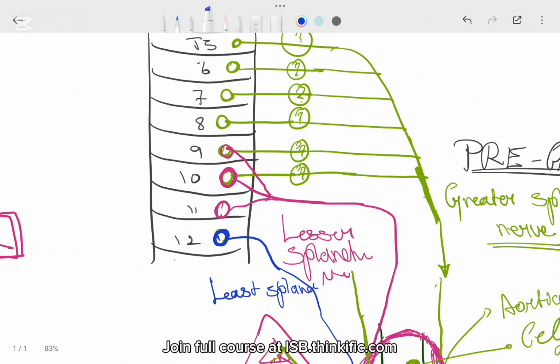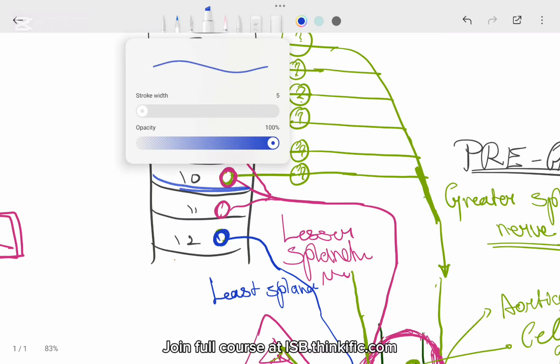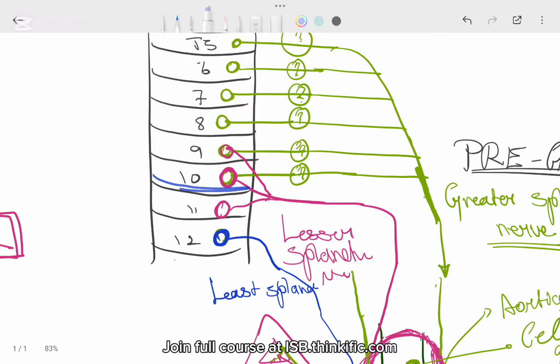When you focus, that's common in exam, when you focus on T10 level, which is the main root for the lesser splanchnic, and I've already agreed with you that lesser splanchnic nerve supplies midgut structures, okay?